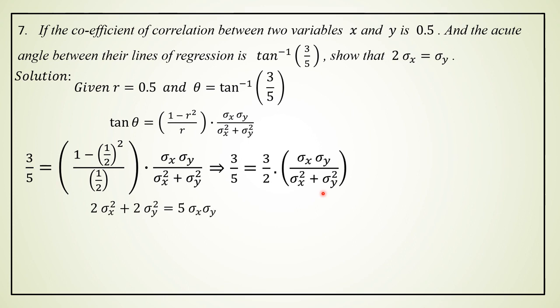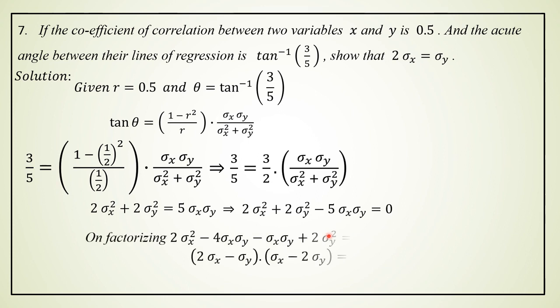Just rearrange the terms so that you are going to get the equation of the form 2 sigma x square plus 2 sigma y square is equal to 5 into sigma x sigma y, which implies 2 sigma x square plus 2 sigma y square minus 5 sigma x sigma y is equal to 0. Just factorize this equation.